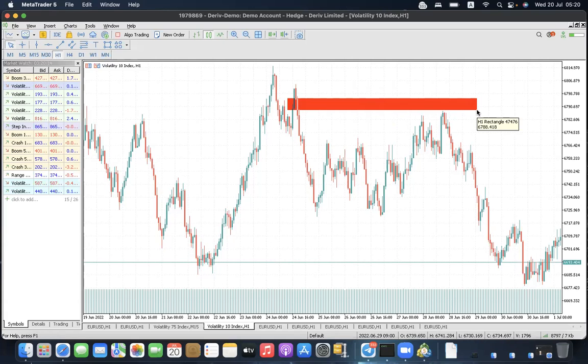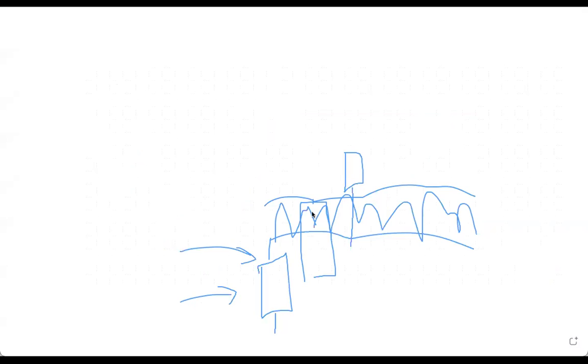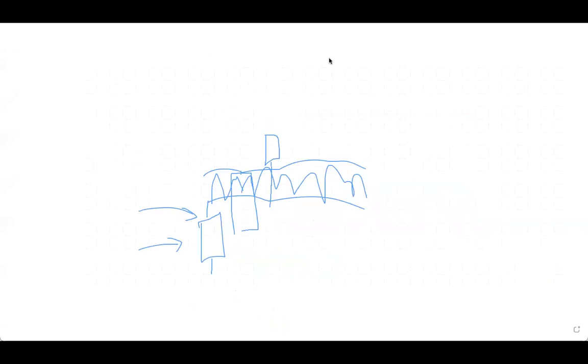Okay. But for more clearer results and for a more concentrated entry, now what we do is, let me share my whiteboard. Let me share my whiteboard, okay? What we do is, whenever we figure out that we have an imbalance, all right?